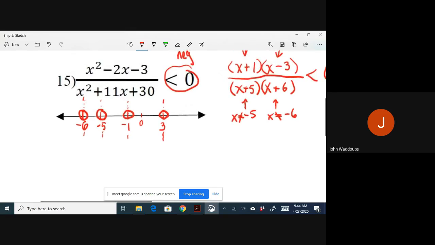And we consider each one of these numbers separately. So at -6, to the left of -6, it will be negative, and then positive to the right. Then we look at -5, and to the left of -5, it'll be negative and positive to the right.